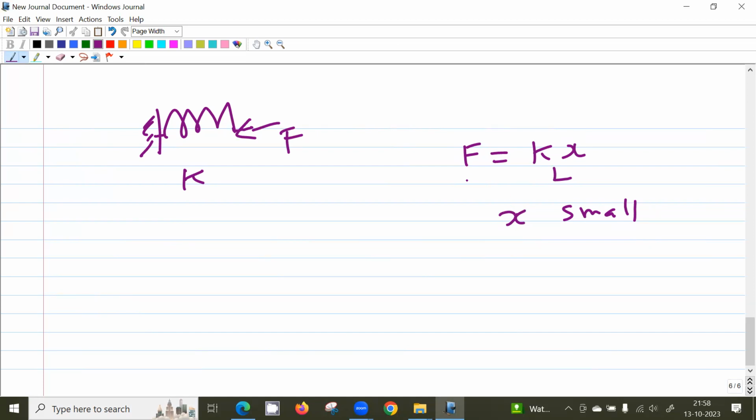But if the force itself is a small force, then this X will be still smaller. So this sort of spring, which has a large value of K, is not appropriate for measuring small forces.